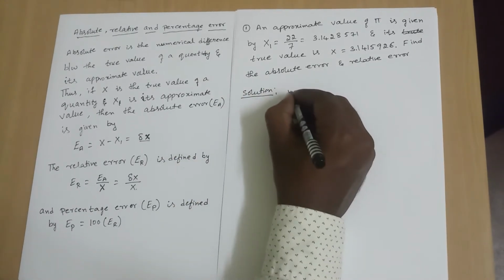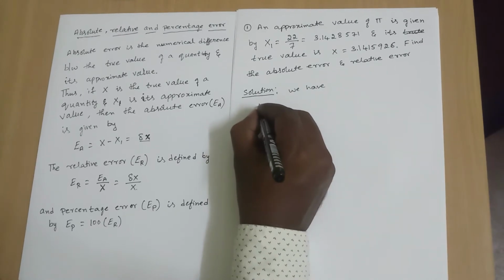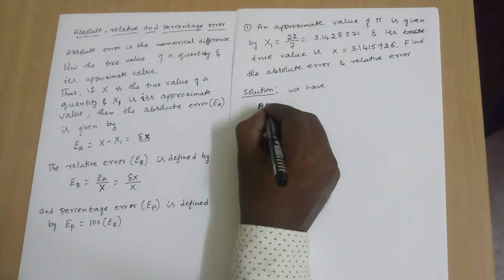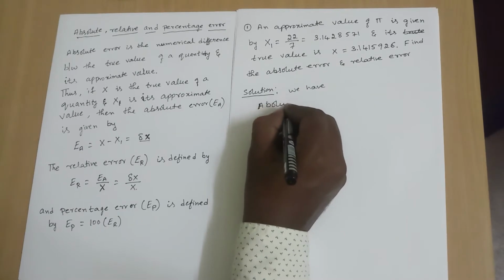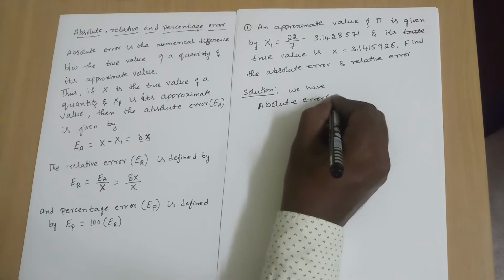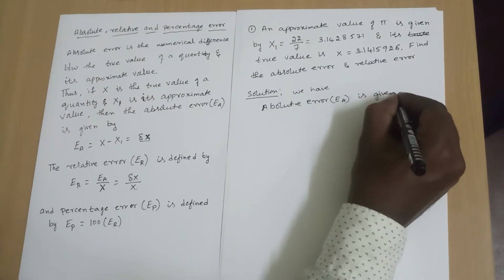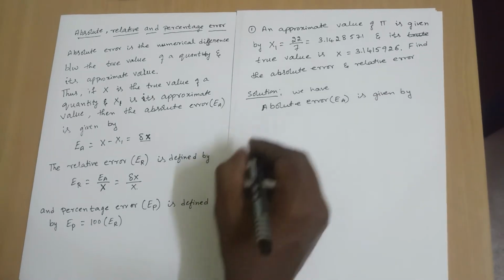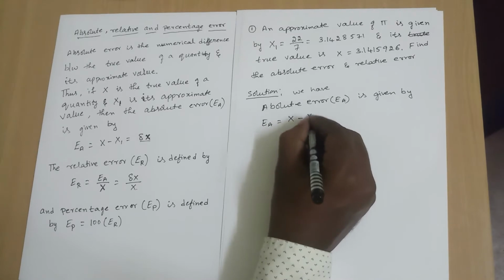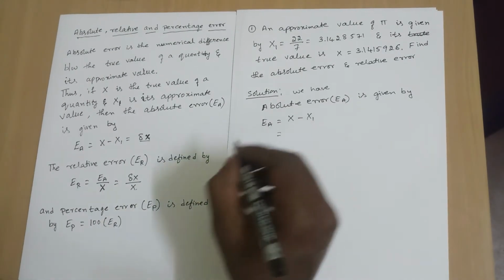So here, what is the absolute error formula? Absolute error, that means E of A, is given by E of A equals capital X minus x1. So what is capital X they given?